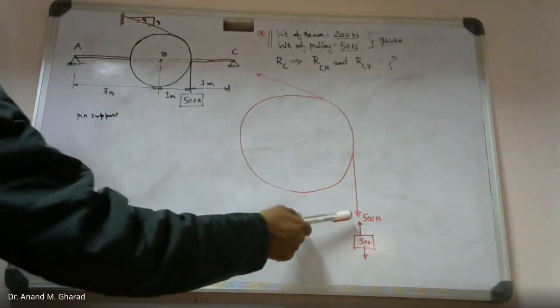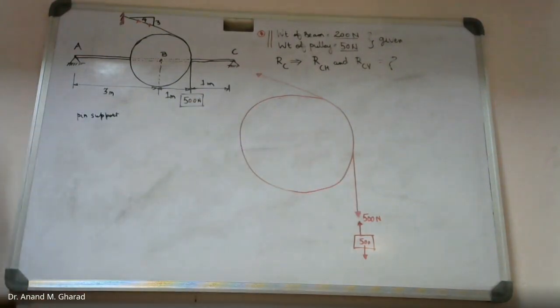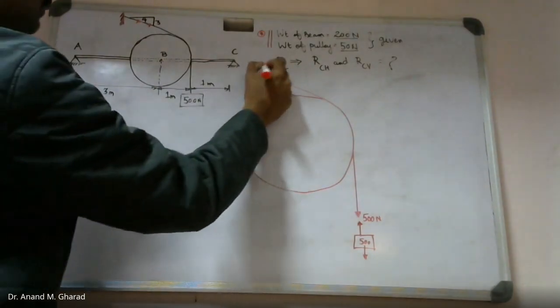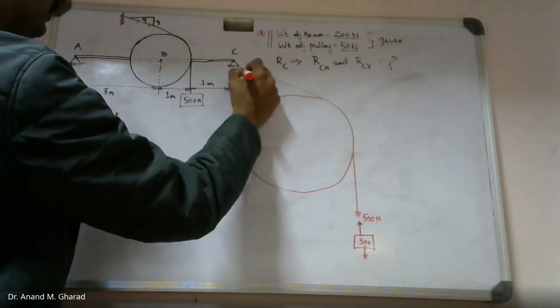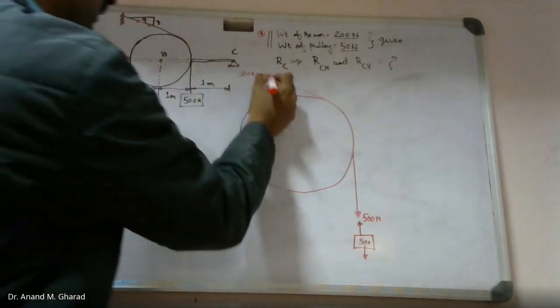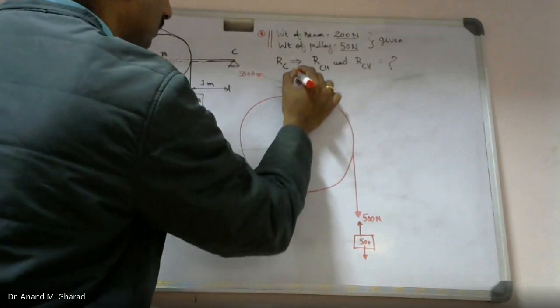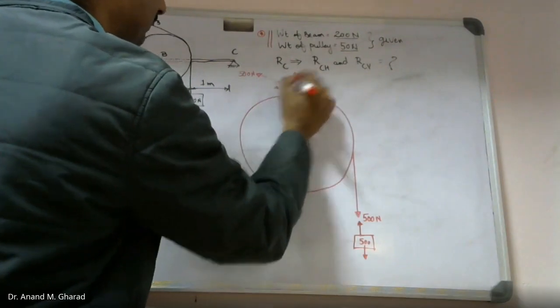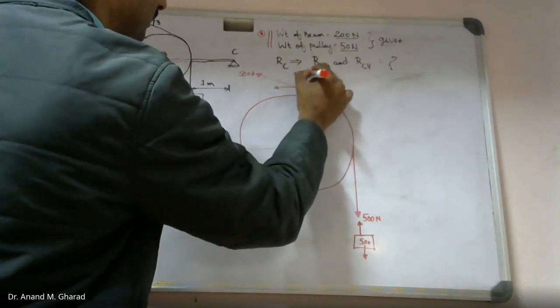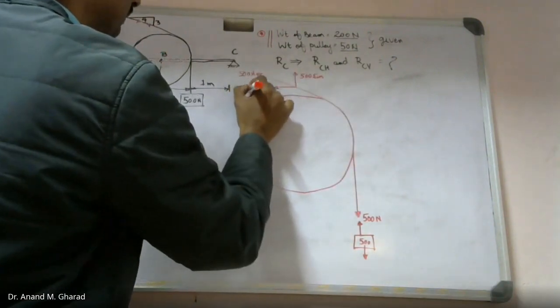And what do you expect the value of tension force over here? Everything is smooth. Same, sir. Same value of 500 Newton. Okay. You have got the information related to slope. So very quickly, let me know what will be the sine value and what will be the cos value.